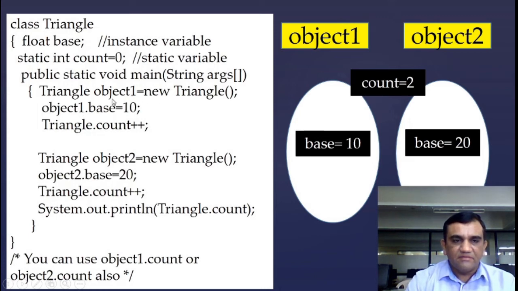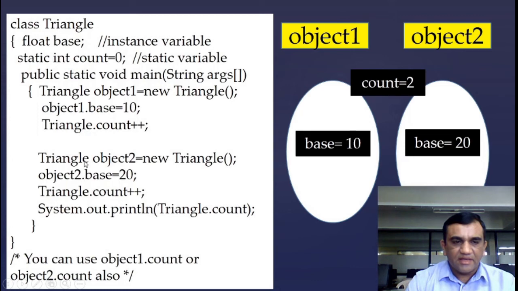Whenever we create obj1, it will have one instance copy of base, and we assign the value 10 to base. Then we have Triangle.count++. Whenever we create the first object of Triangle, the count variable will be assigned a 0 value, and when we do the plus plus, it will have a 1 value.